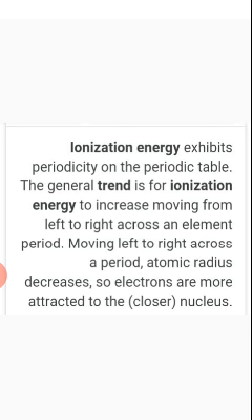Okay. Ionization energy exhibits periodicity on the periodic table. What is periodicity? Repetition of properties after a fixed interval in the periodic table or in daily life. Examples: Sunday comes after 7 days, after the next 7 days Sunday comes again. Or the half yearly exam in December, then again December.